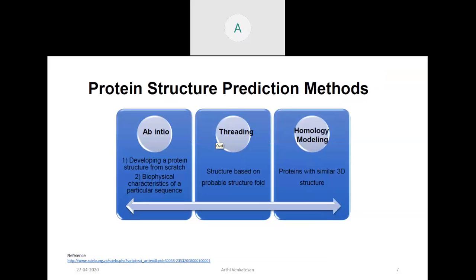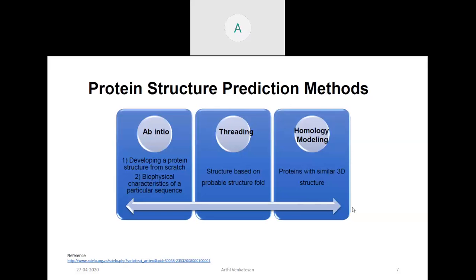If you are finding a vaccine, you need to know the protein structure. If you have tried X-ray crystallography and NMR and it is not possible, then you can go for computational biology methods.